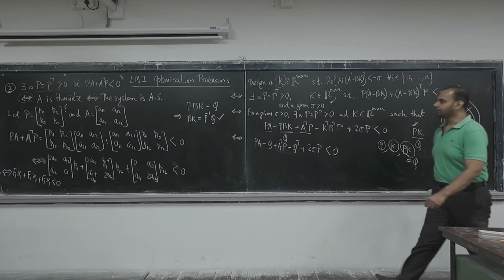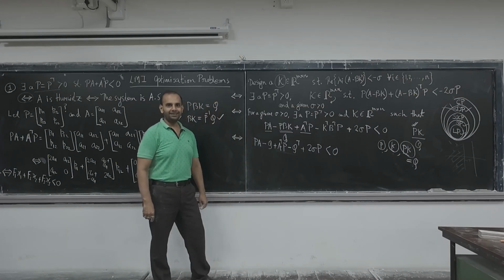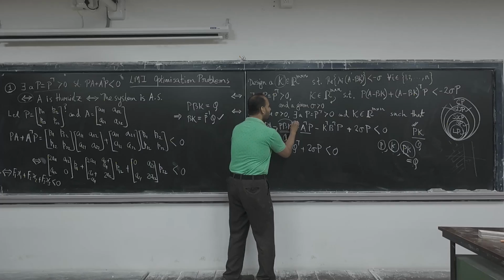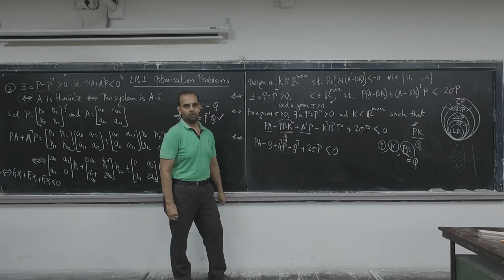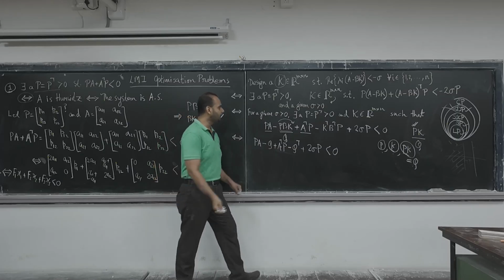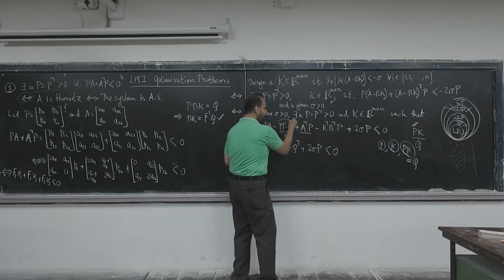If this is the situation, then what alternative can we try here? Is it any way possible to bring this P here? Congruence. But before that, why should we go for a congruence? The requirement is somehow to shift this P here.